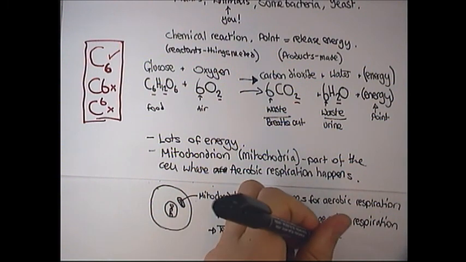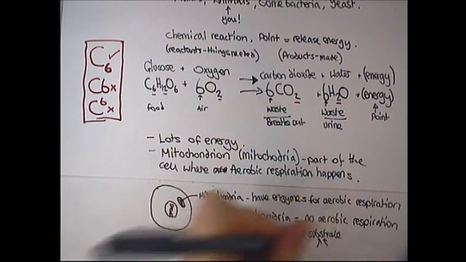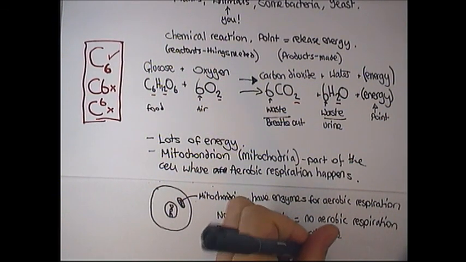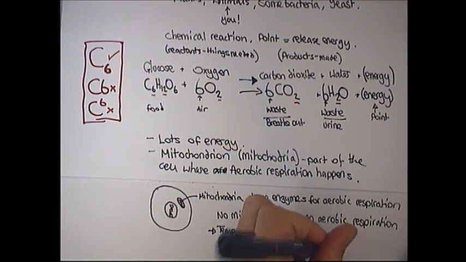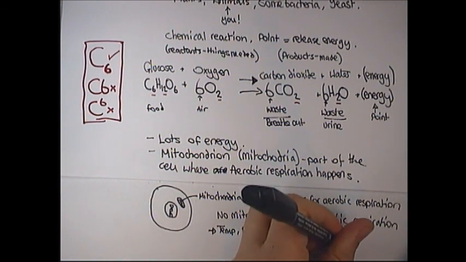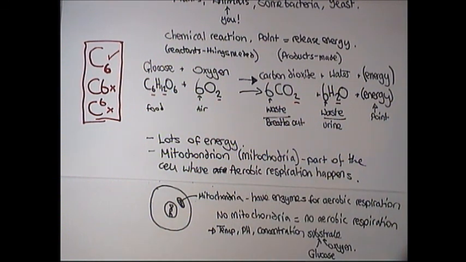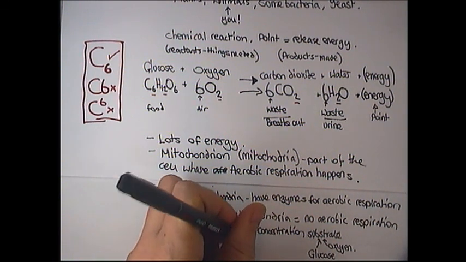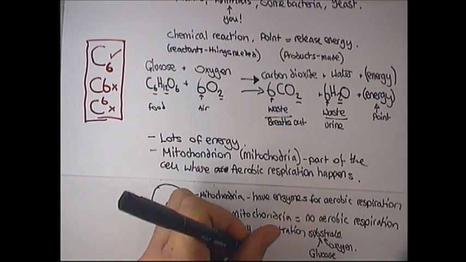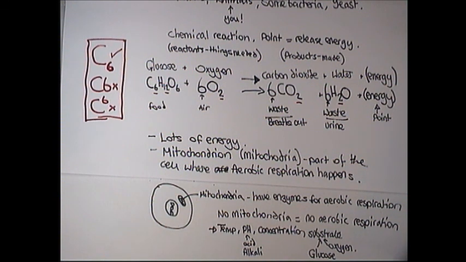The substrates that they're working on are both the glucose and the oxygen from the reaction. So things that will affect how quickly a cell can do aerobic respiration are both the levels of glucose and oxygen, the concentration of glucose and oxygen, the pH of the cell. So the pH is how acid or alkali the cell is, and also the temperature.